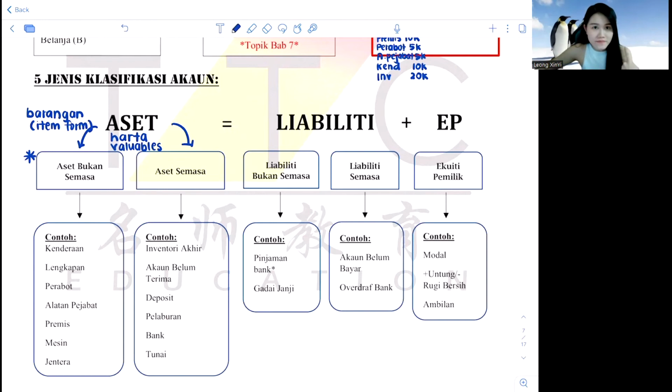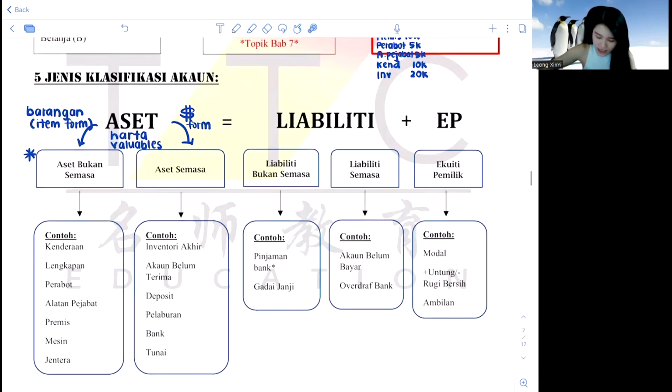You bought them with money, of course, in exchange, but you didn't lose your money. You're just changing money into an item form which you can keep for a long period of time. That is what we call asset bukan semasa, while asset semasa is money form.